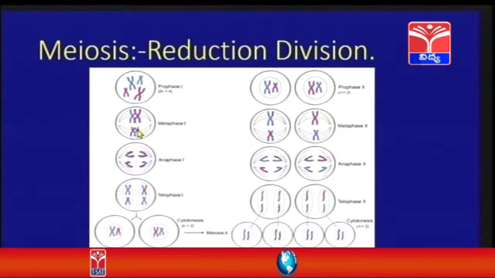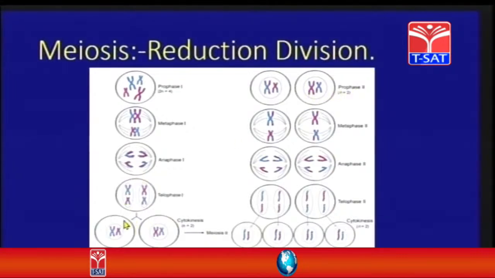We have discussed earlier that in metaphase 1, the chromosomes will move towards the middle of the cell. In anaphase, the chromosomes move towards the opposite poles, and in telophase, the chromosomes divide into two. And during the process of cytokinesis, you can see that in each cell, two sets of chromosomes are present, and these cells enter into meiosis 2, that is prophase.